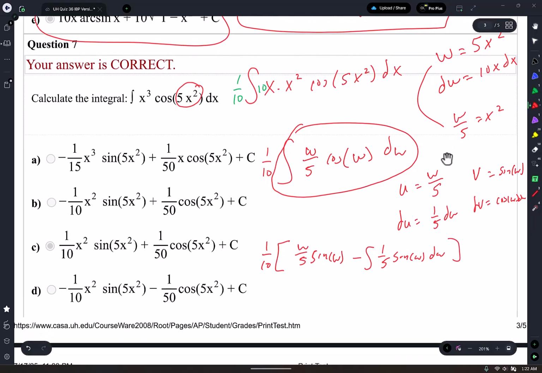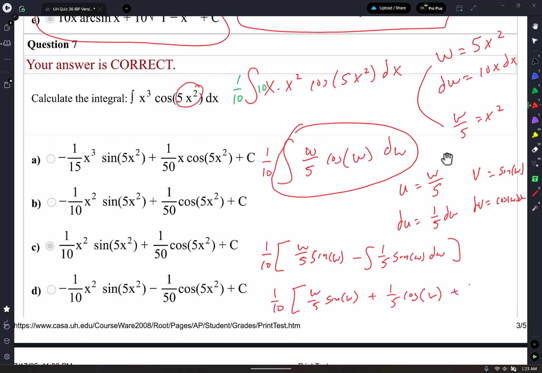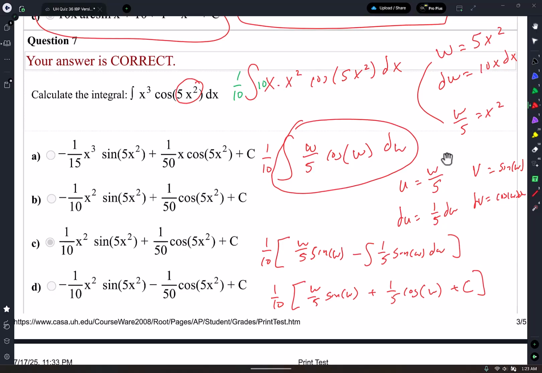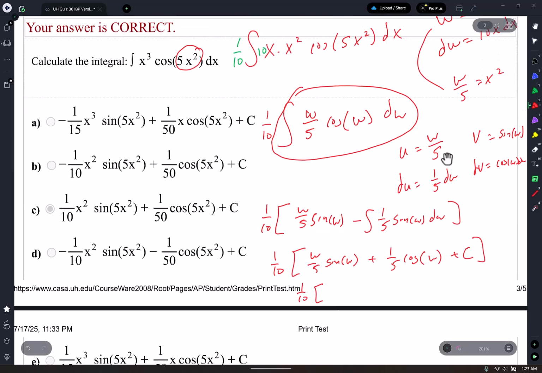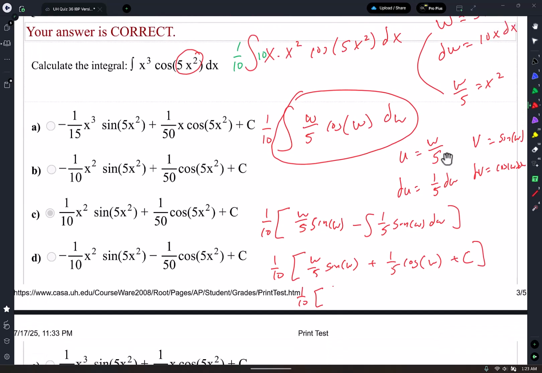Antiderivative of a sine is negative cosine. Negative times negative is a positive. So I have 1/10 times w over 5 sine w plus 1/5 cosine w plus c. Now remember what w was. W was 5x squared. So finally, 1/10 times 5x squared over 5 sine w.